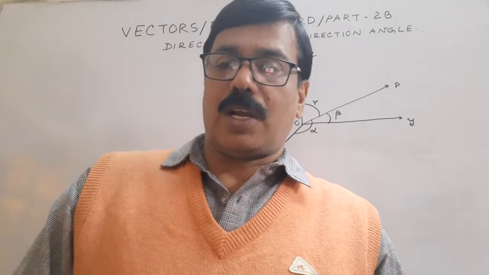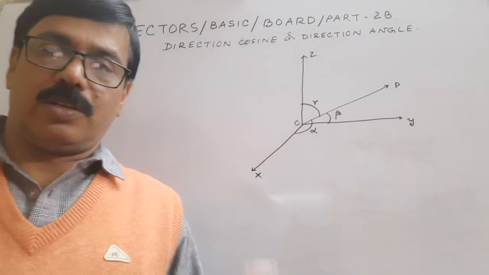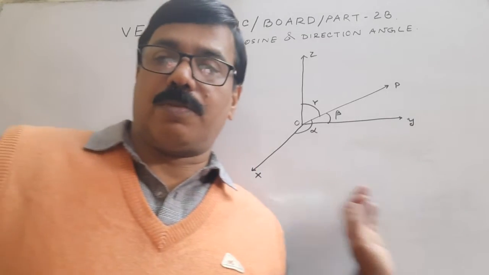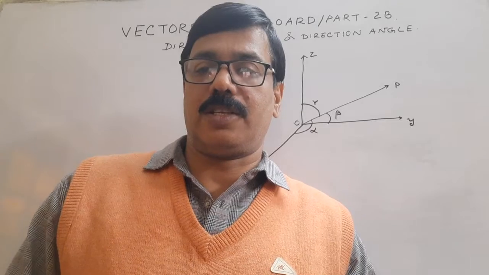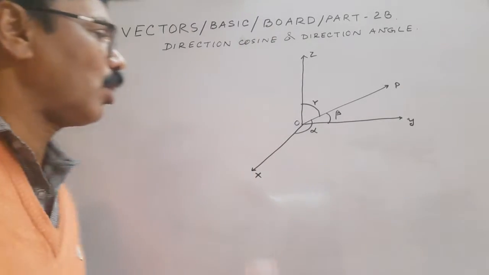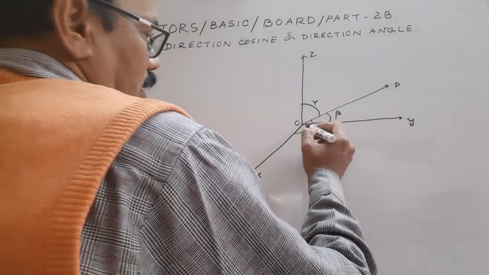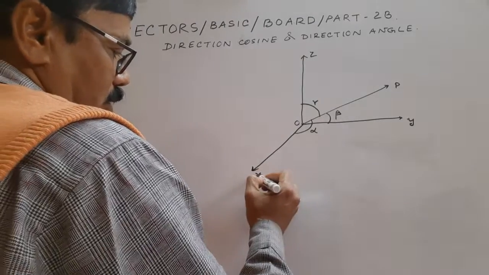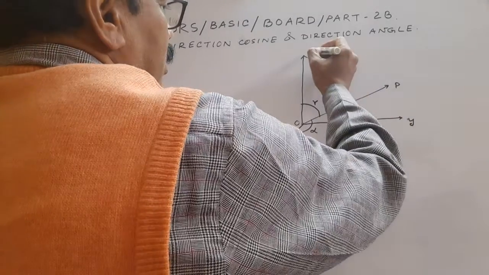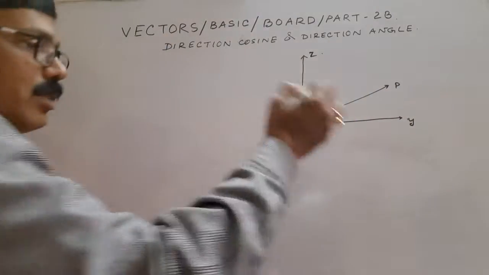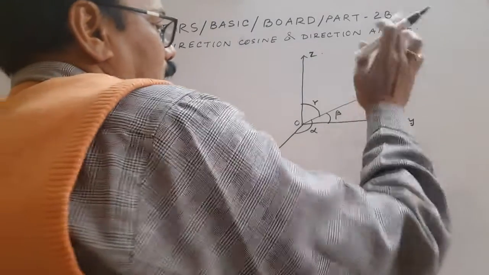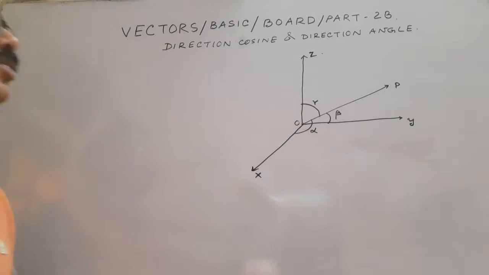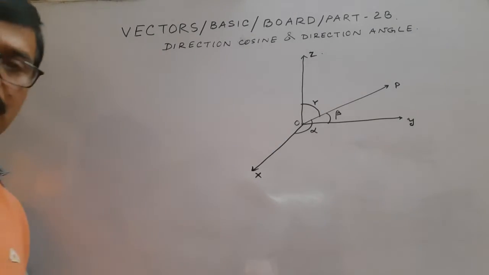So before we start, we give the definition of direction cosine and direction ratios. Look, there are three straight lines in space, OX, OY, OZ. This is discussed in plane, but OX, OY, OZ are three mutually perpendicular straight lines in space.